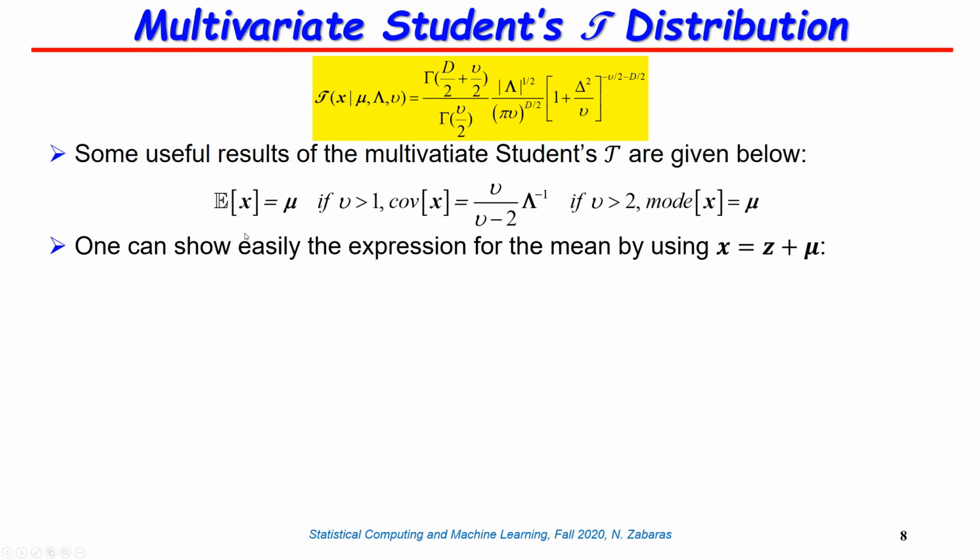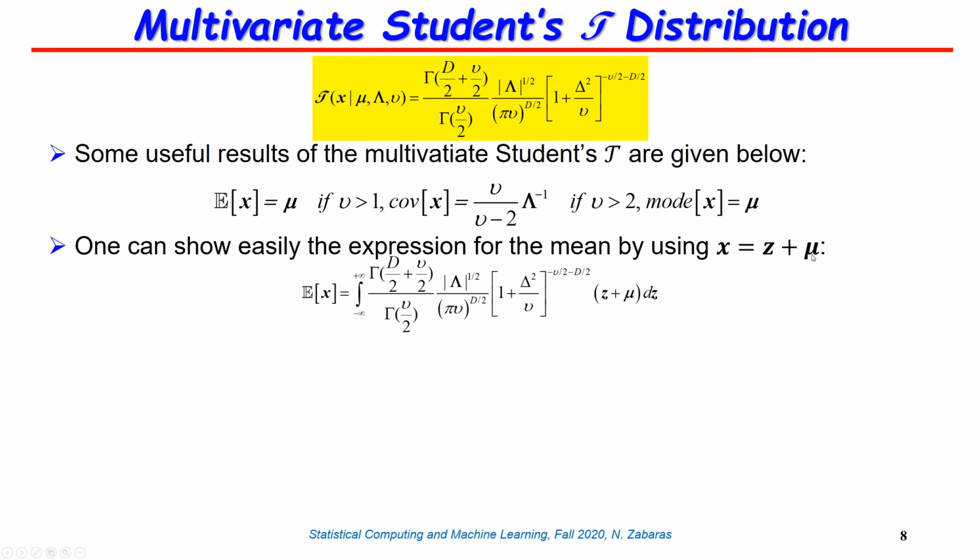Now, I do not want to have to do all the algebra here, okay? Some of the proofs are actually given in this slide. So, for example, if you want to get the expectation, I am doing a transformation of variables. I substitute x to be z plus mu.